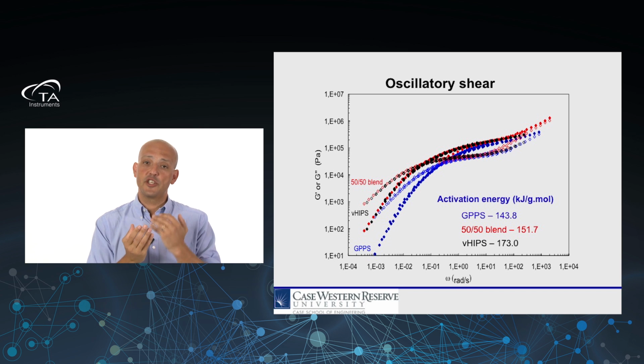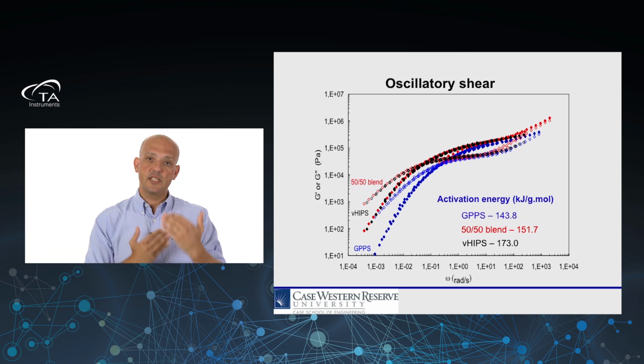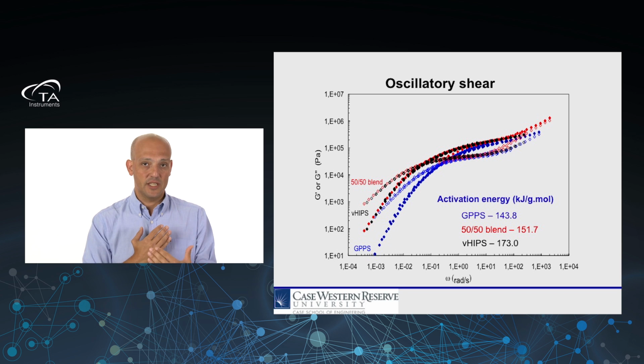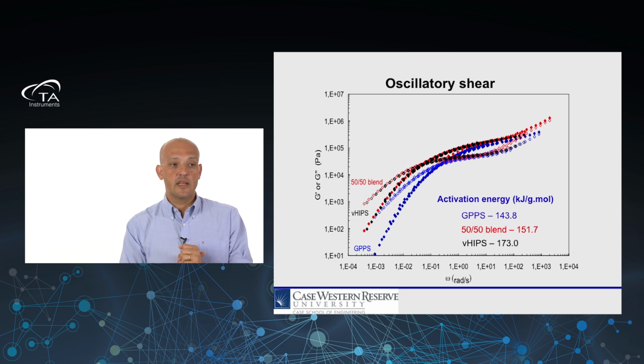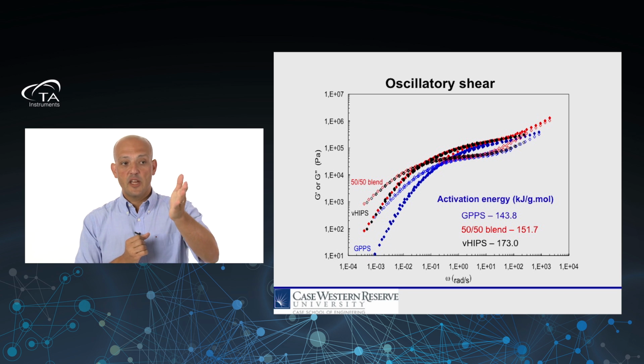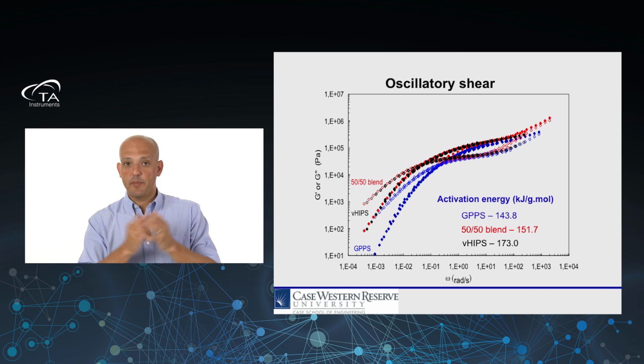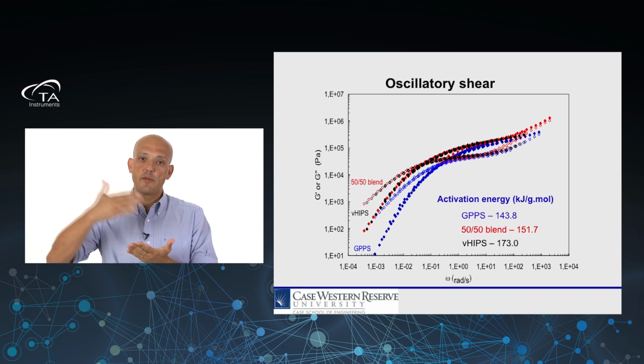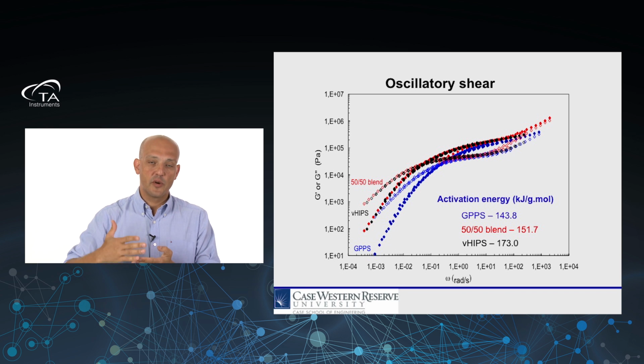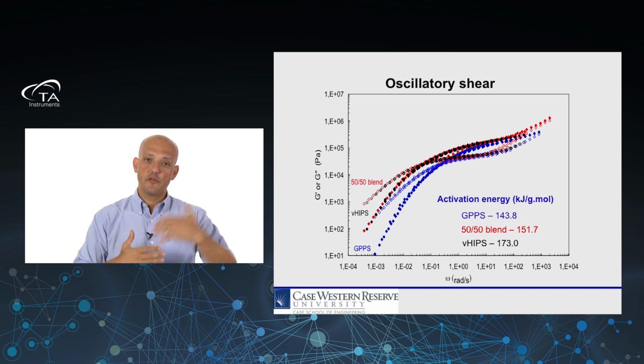Basically, the activation energy tells you how sensitive to variations in temperature the viscosity of your material is. Okay? And basically, what we found is that, as expected, as we increase the rubber content in the final material, the viscosity becomes more and more sensitive to variations in temperature.